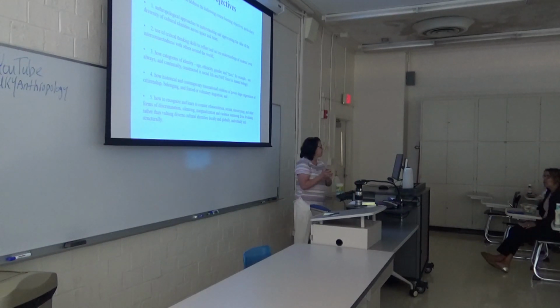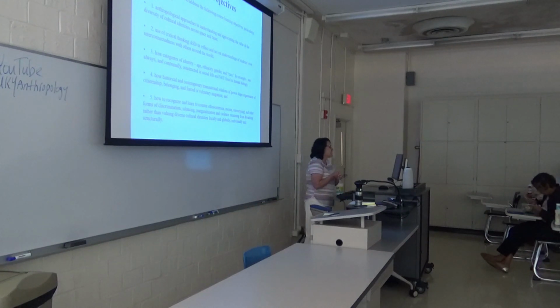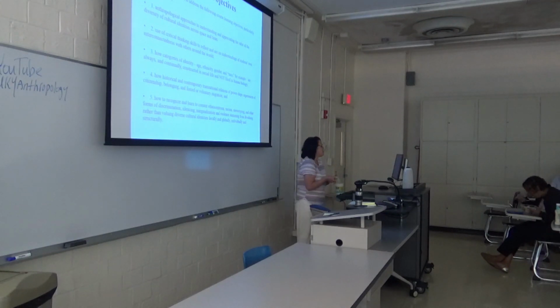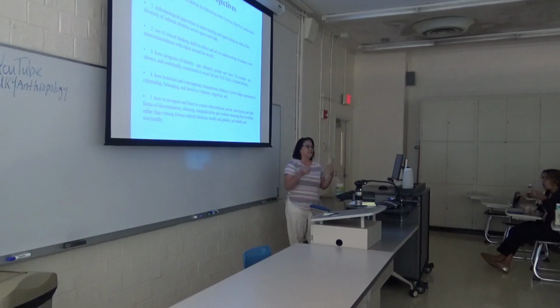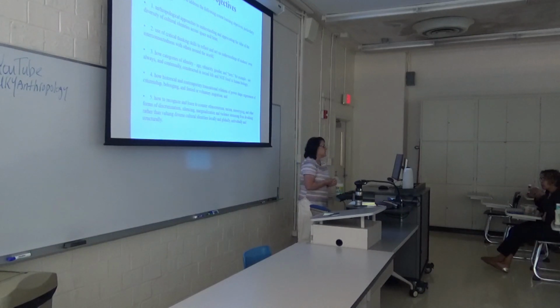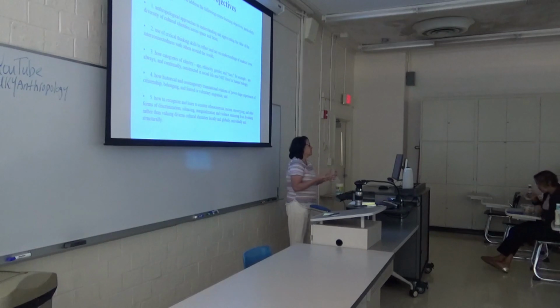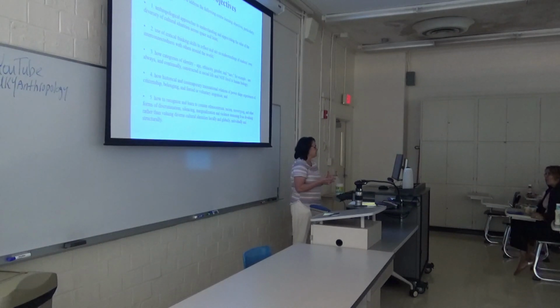And then number 5 fit in with that also, how to recognize and learn to counter ethnocentrism, racism, stereotyping, and other forms of discrimination, silencing, marginalization, and violence stemming from devaluing rather than valuing these diverse cultural identities locally and globally, and then individually and structurally.